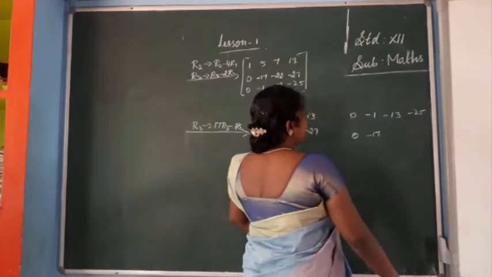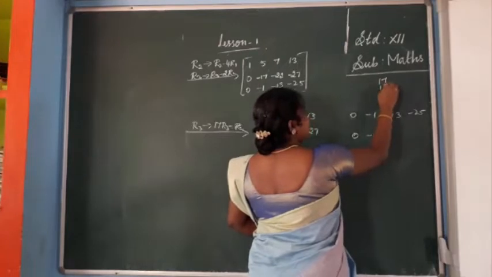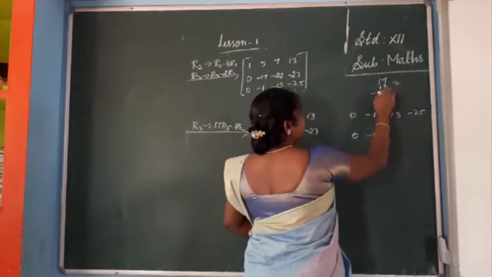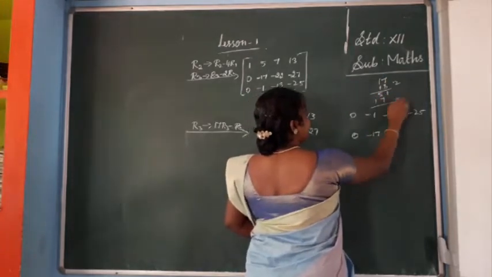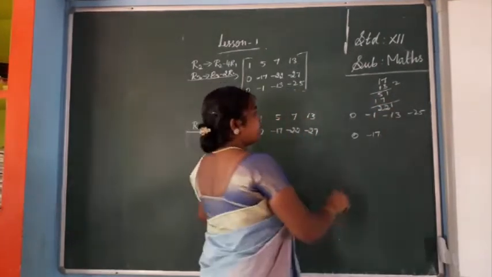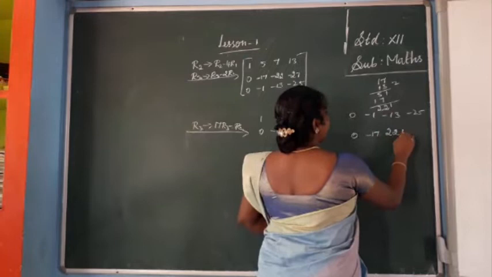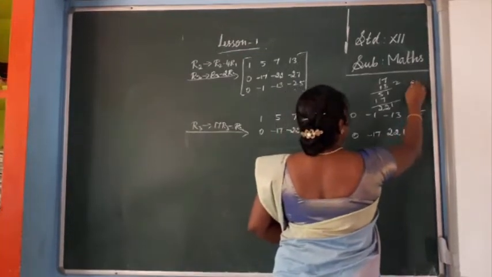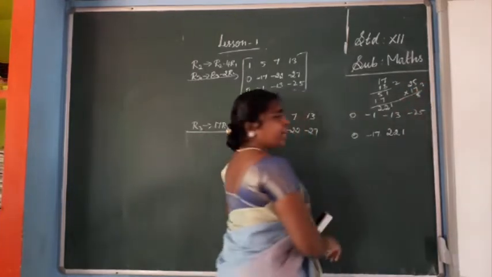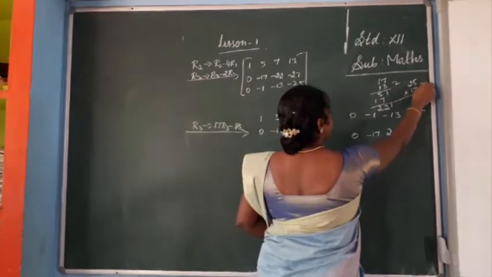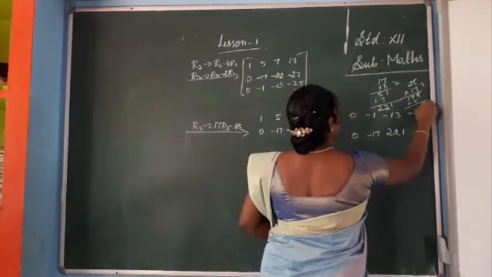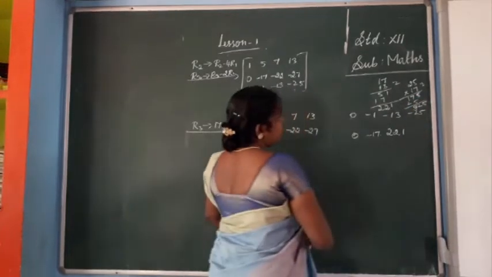Minus 13 into 17: 3 sevens are 21, remaining 2; 3 ones are 3, 3 plus 2 is 5; 1 seven is 7; 1 one is 1, so 221. Next, 25 into 17: 7 fives are 35, remaining 3; 2 sevens are 14, 14 plus 3 is 17; 1 five is 5, 1 two is 2, so 425.